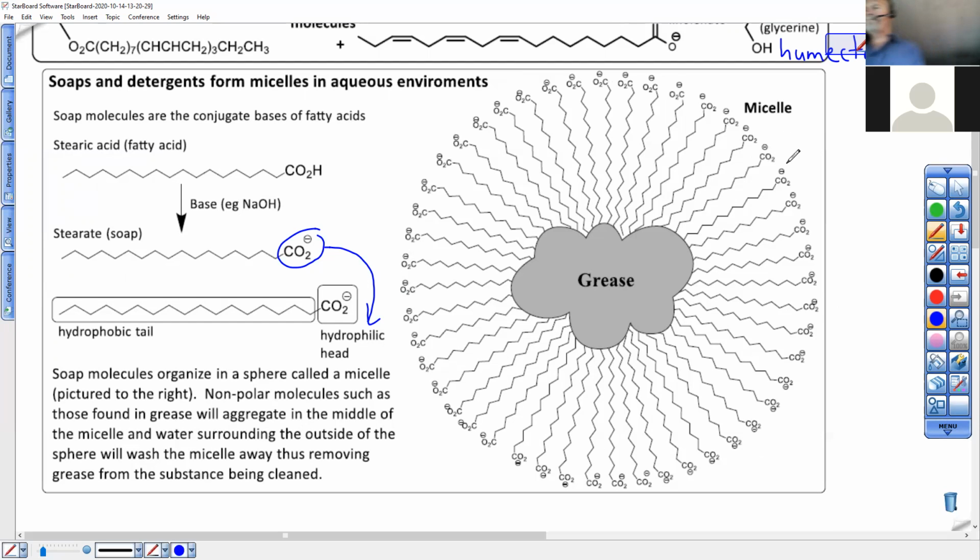Use soap. Now, the only difference between a soap and a detergent is that the carboxylate on the outside here for a soap comes from natural sources. In detergents, those carboxylates are changed to sulfonates or phosphates or even ammonium ions, charged things, but they're all synthetic.